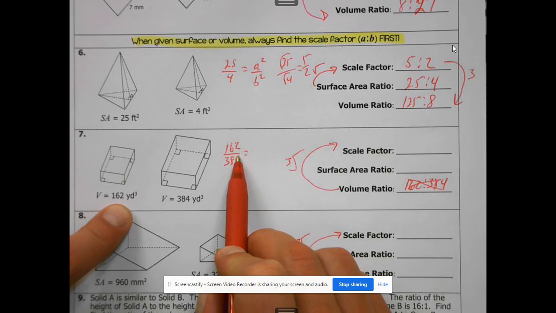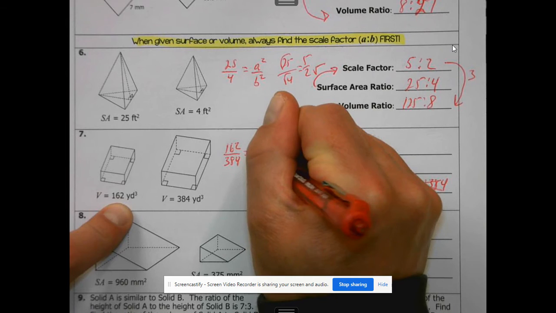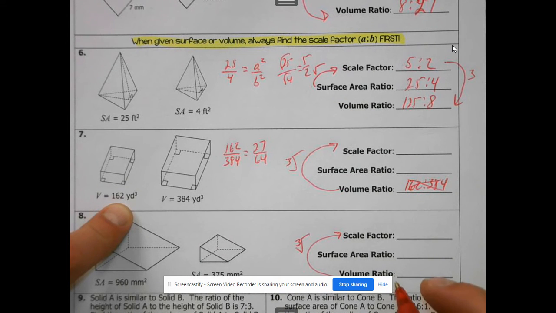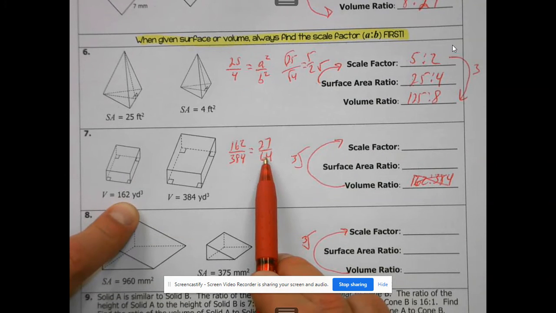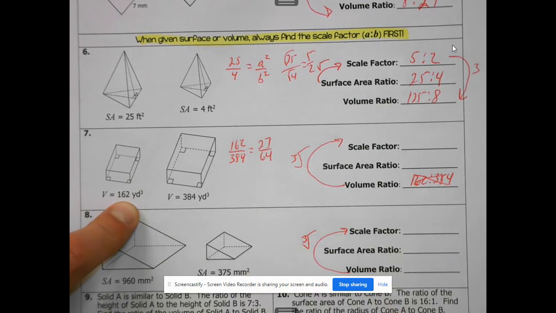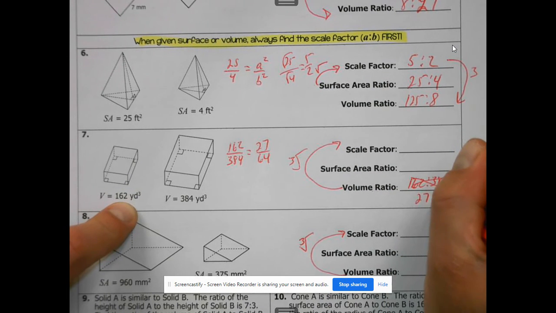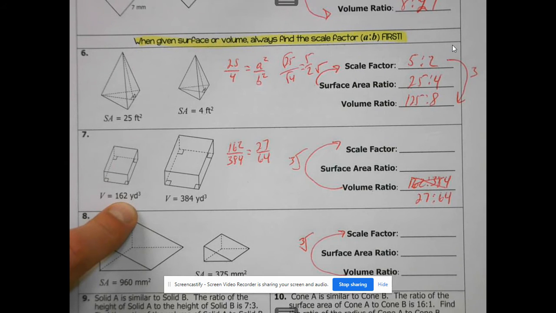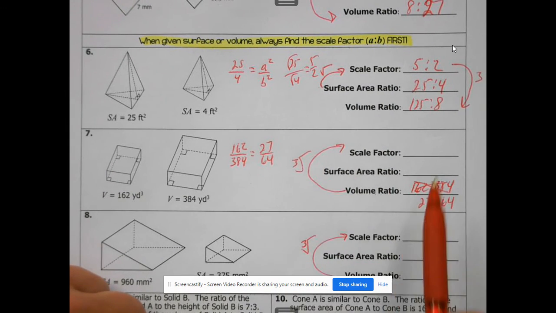To save you some time, if you type this in your calculator, it reduces to 27 over 64, okay? If I had to reduce up here, I would have had to do that first. But since this did not reduce, I just had to do it right here, okay? Because it could reduce. So this real number is 27 to 64, okay? Always reduce first, then find your scale factor.